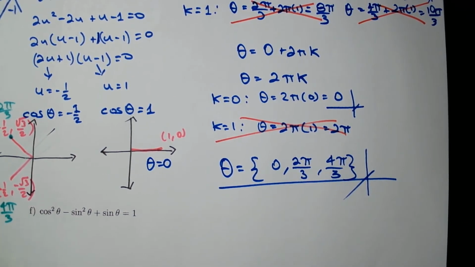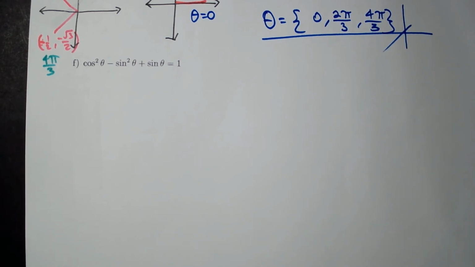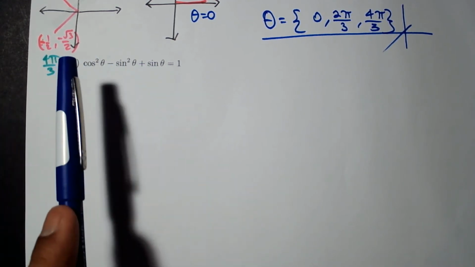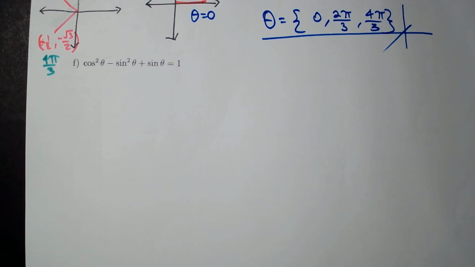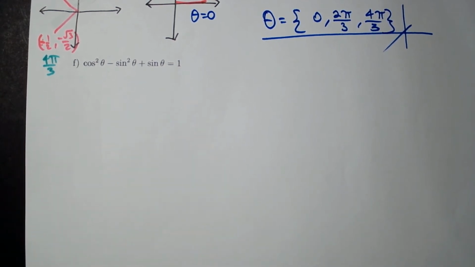Okay. Let's do another example, but in this case we are going to do one that requires the use of a trigonometric identity. How so? Notice we have a sum of terms that have different trigonometric functions. Which trigonometric identity am I going to use here?